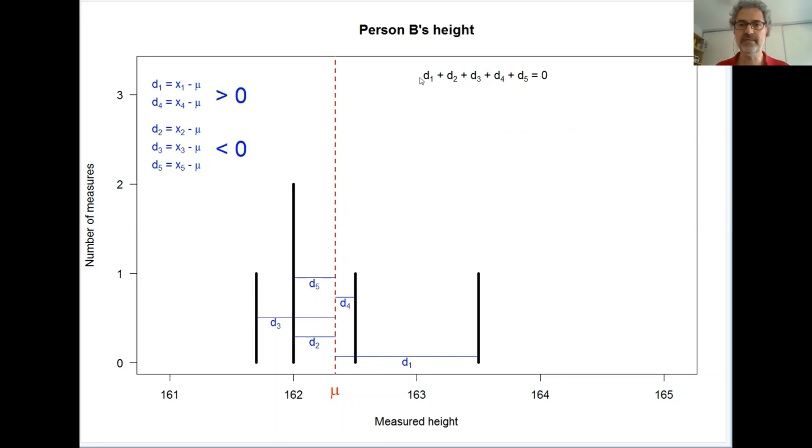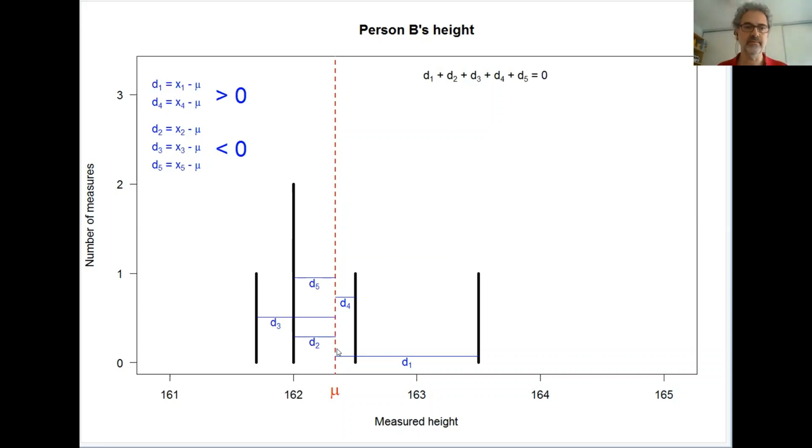So we demand this, we set this to be the case. It's not that we know something about the distances. All we know about the distances is that they're defined by a subtraction, but we don't know mu yet. So we say we want the distances to add up to 0, and that's how we define where we want this line to be.